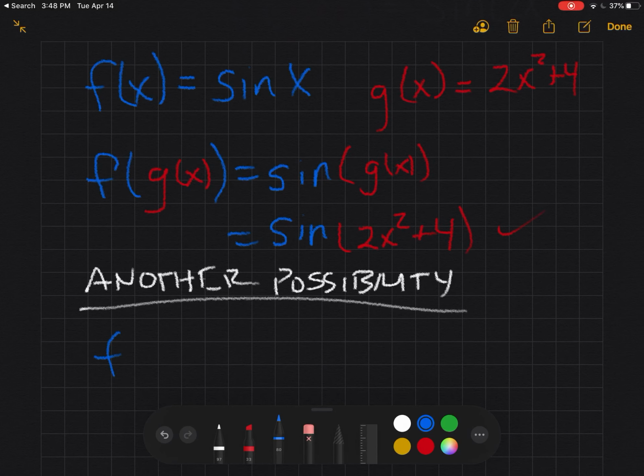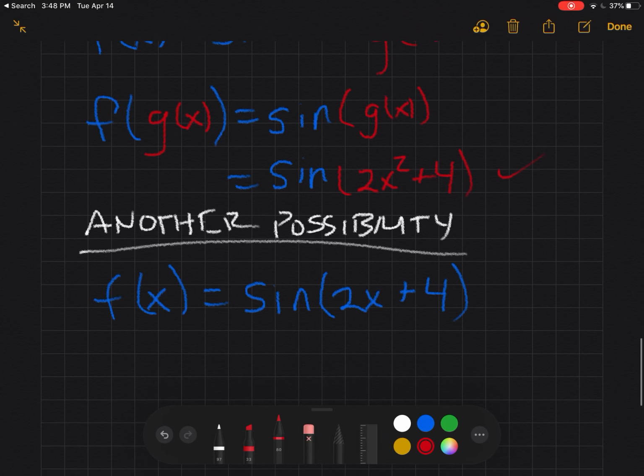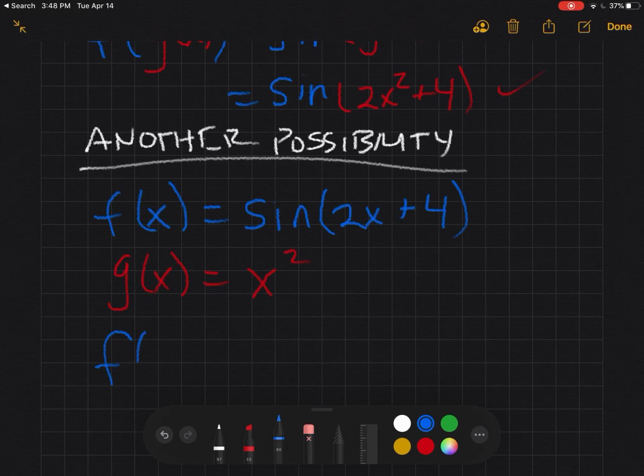There's another possibility. So here's another chance. I'm going to say f of x is now equal to the sine of 2x plus 4, and g of x is now equal to x squared.